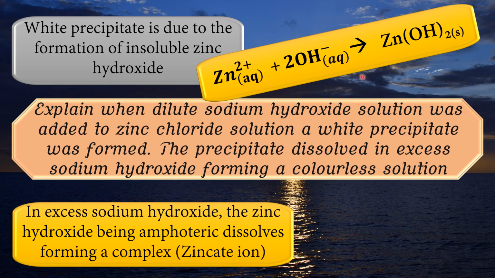So we see that the zinc hydroxide which was formed, which is a white precipitate, dissolved in excess sodium hydroxide and formed a colorless solution, meaning that it formed a complex, the zincate ion, which is soluble.